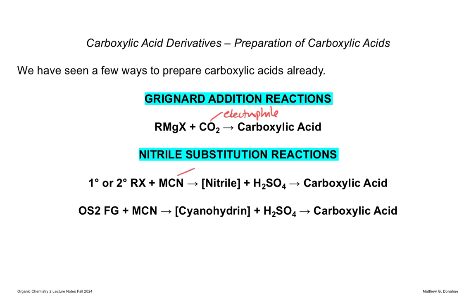And then a metal cyanide, sodium, potassium, lithium cyanide, whatever. The cyanide is a nucleophile. So we'll talk about polarity and how these methods complement one another, and maybe what's good and what's bad about each of these methods. With the nitriles, essentially what you're doing is SN2 chemistry.